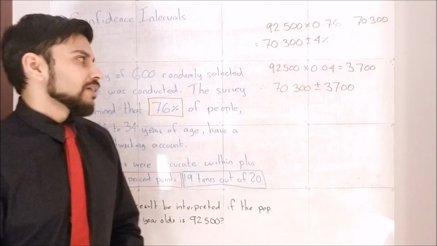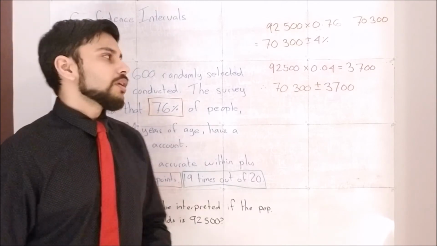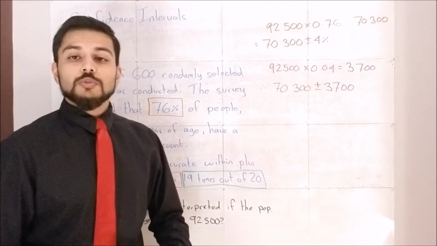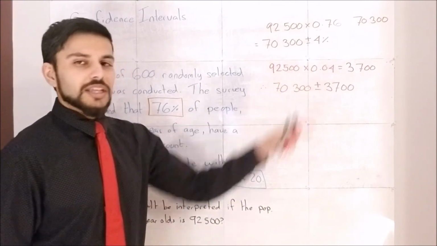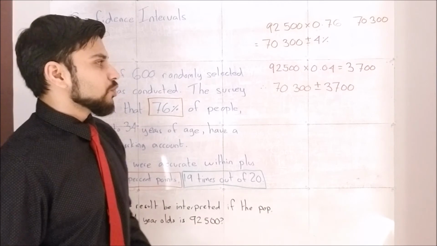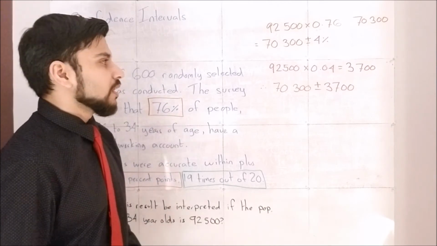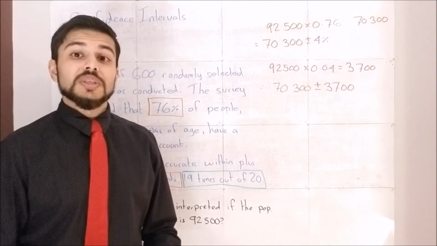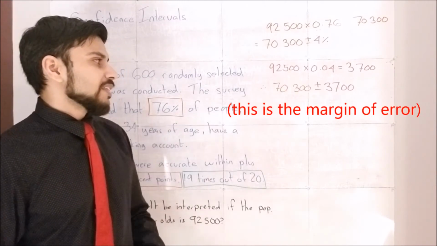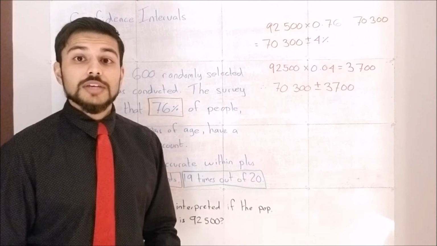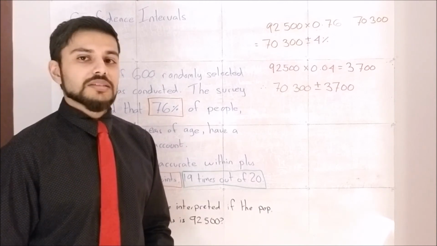So 92,500 times 4%. Remember, when you're multiplying by percent, you have to divide your percent by 100. Hence why that extra zero is in there. So 92,500 times 4% is equal to 3,700 people. And the way that I would state this is 70,300 people plus or minus 3,700.